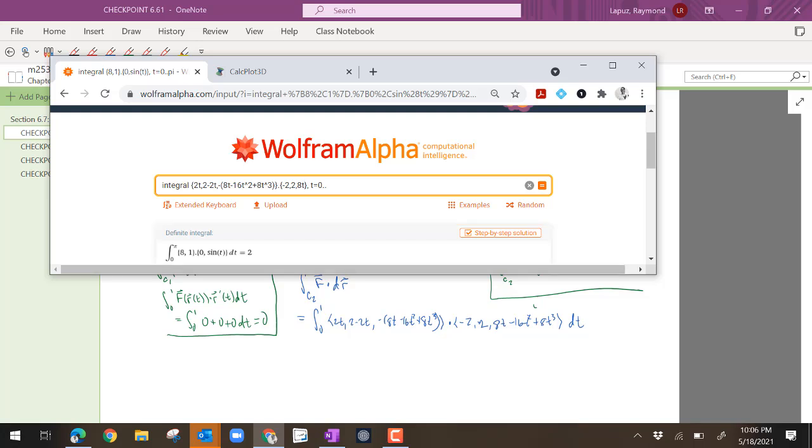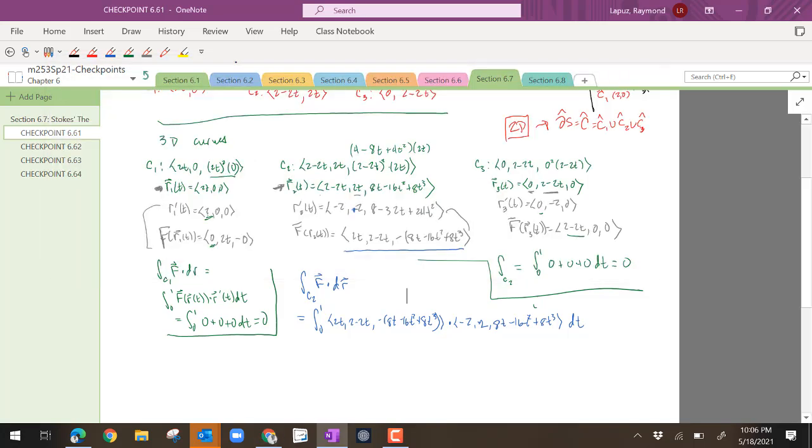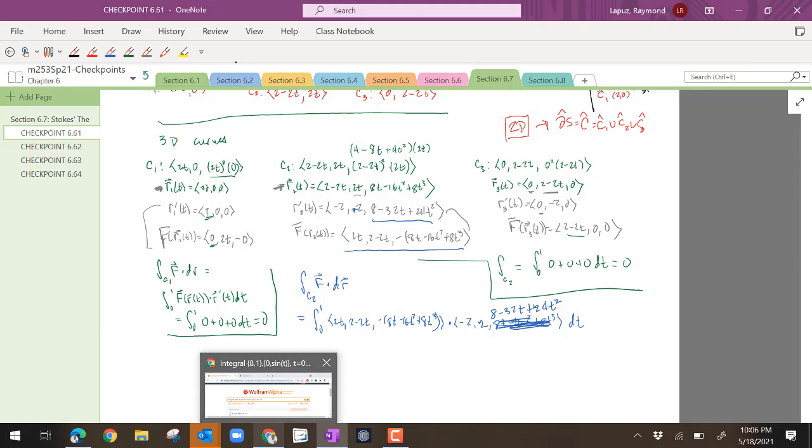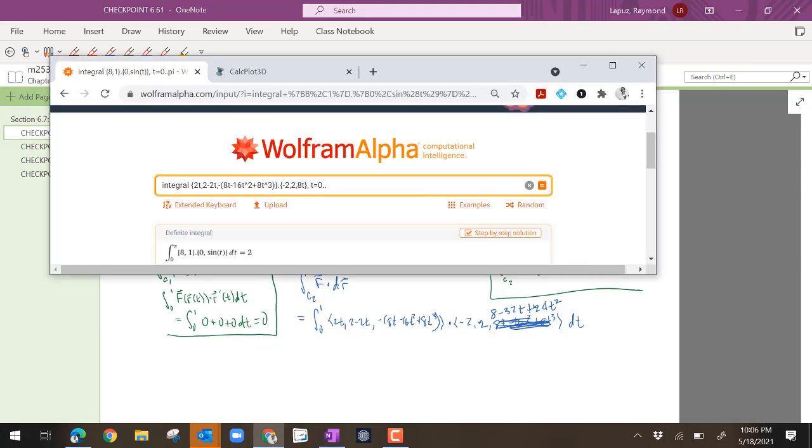Uh-oh, that doesn't look right. The derivative should be 8 minus 32t plus 24t squared. All right, we got that fixed over here. So now let's take a look at Wolfram and put the appropriate value.